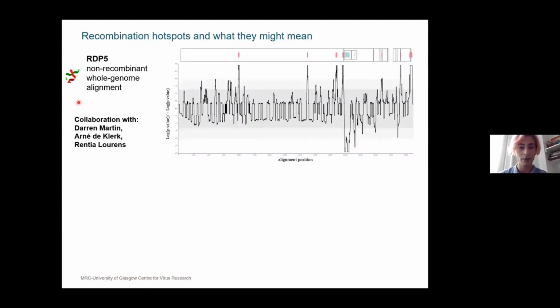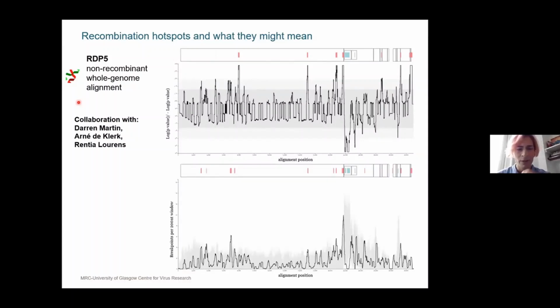And we've used 2 different methods. I'm not going to go into details about the methods, but essentially, the shading here for both plots is the confidence intervals, using a permutation test, and the lighter gray is the 99% confidence interval in both cases, and any line above the light gray is determined to be a recombination hotspot, and anything below is determined to be a recombination cold spot.